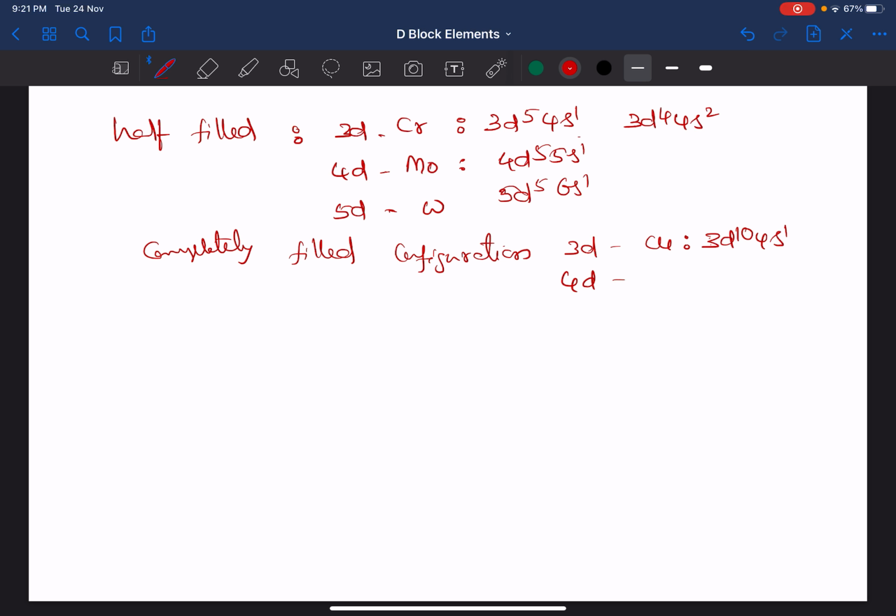In the 4d series, the element is silver, containing 4d10 5s1. In the 5d series, it is gold, 5d10 6s1. So these are the elements with completely filled and half filled electronic configurations. They are more stable.